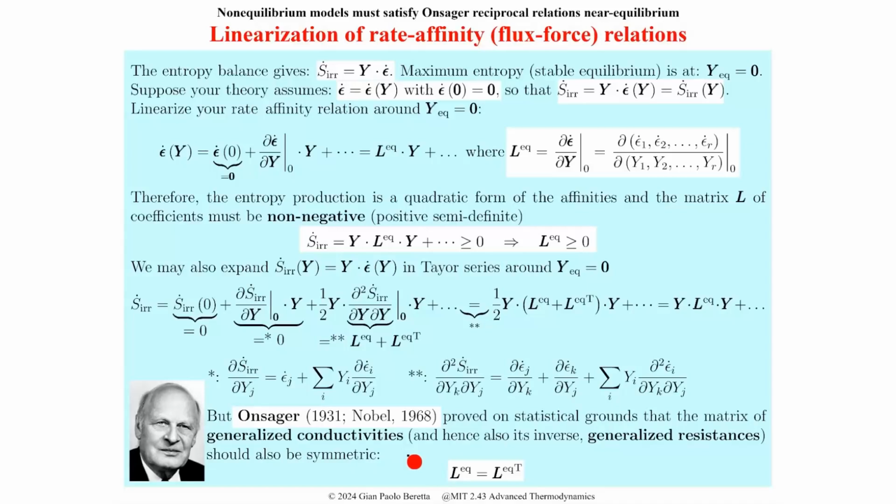So now let's step back one moment and assume we haven't developed a theory for reaction rates. And all we know is from the entropy balance, this expression, which is one of the first that we derived when we did chemical reactions, because remember that the affinity is the derivative of S with respect to epsilon.